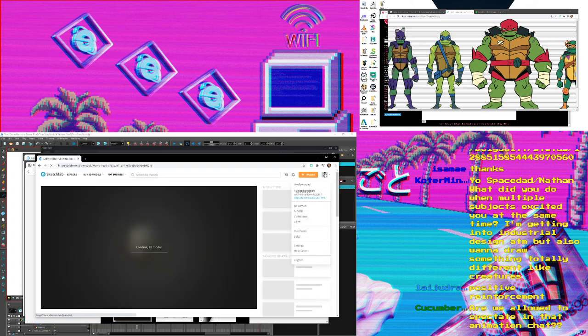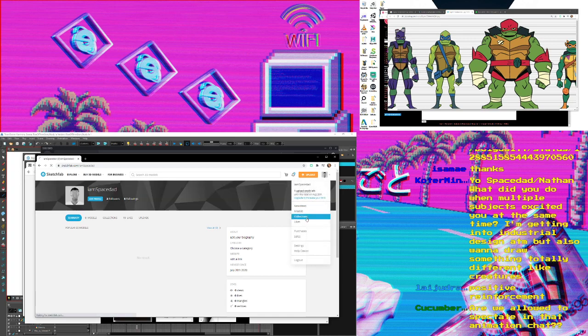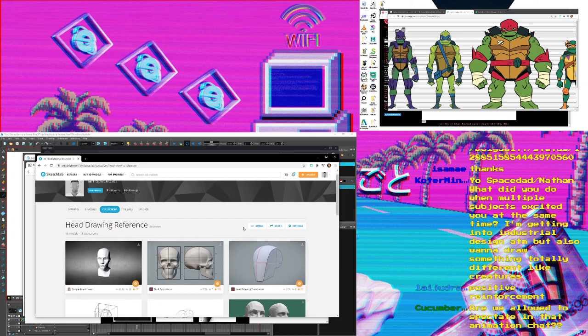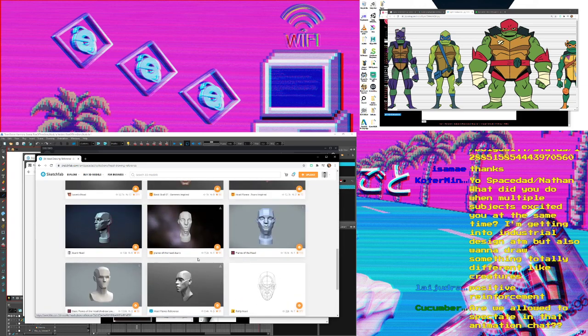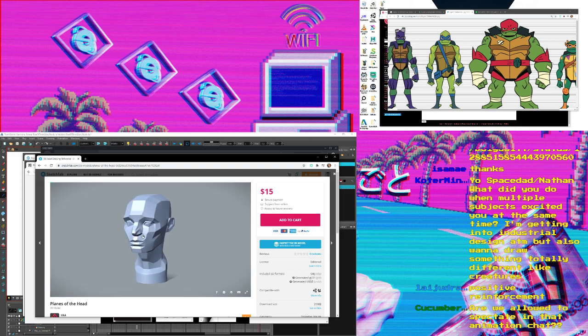I have a Sketchfab folder. Let's see here, collections. I have a folder I'm going to share in chat real quick that includes a few 3D models of the Asaro head that you can download, or you can use directly. In this case, this one costs $15, but some of the others I think are free to download.